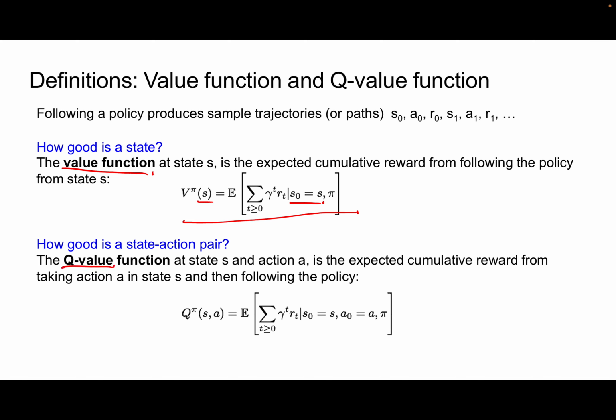And the Q value function is a little bit different from the value function. The Q value function is at state S and action A. The value function takes only state S, but the Q value function takes state and action at the same time. It's the expected cumulative reward from taking action A in state S and then following the policy. The philosophy is the same: trying to get the expected sum of cumulative reward based on the current state and current action.